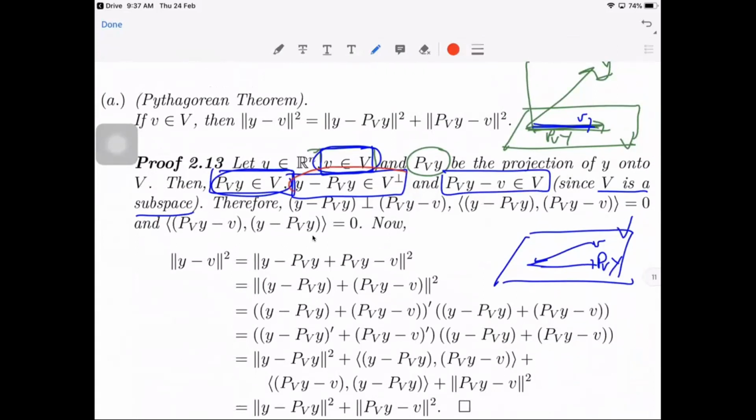Now, this is in V perp. This is in V. So it means that they are orthogonal. So Y minus the projection of Y onto V is orthogonal to the projection of Y onto V minus v. So that if you get the inner product of that, that is equal to 0.